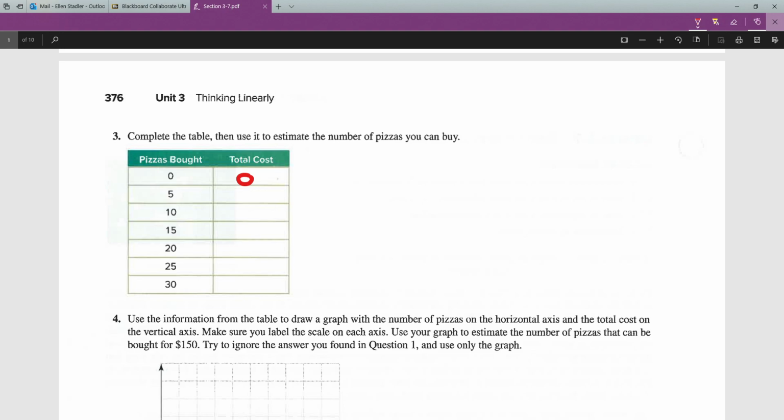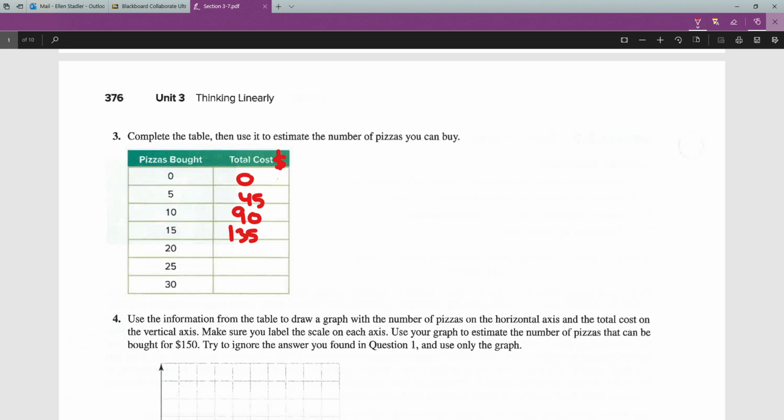What is 9 times 5? 45. And I'm going to put my dollar sign up here so I don't have to write it each time. These are all in dollars. What is 10 times 9? 90. What is 15 times 9? 135.